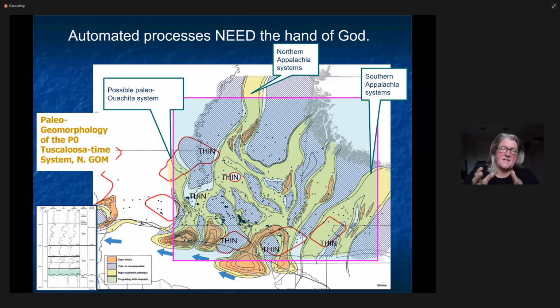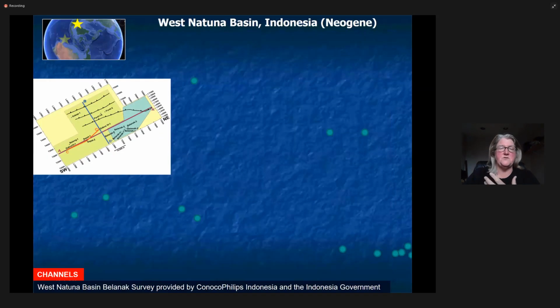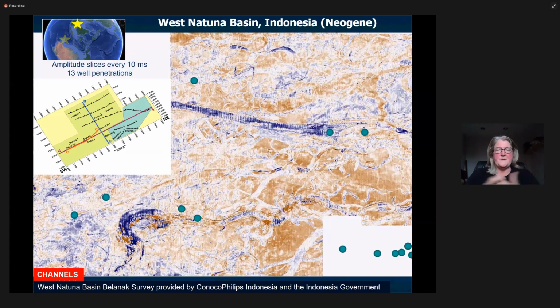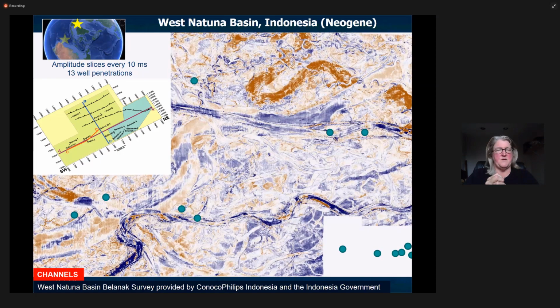Now, the problem is this takes a lot of time, and it's laborious, and we don't have good regional 3D across here to do this. But in areas where we do have good regional 3D, we've been able to advance our understanding of architecture in the basin by collecting quantitative information on the 3D seismic that we use across the basin.